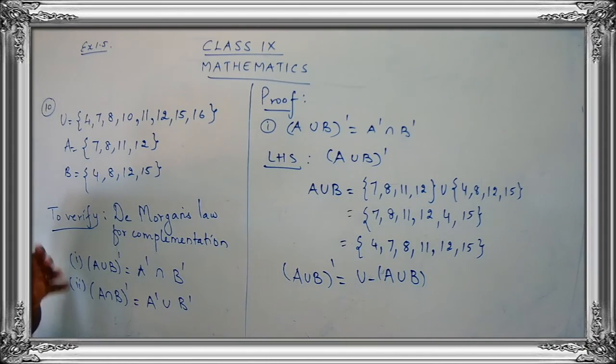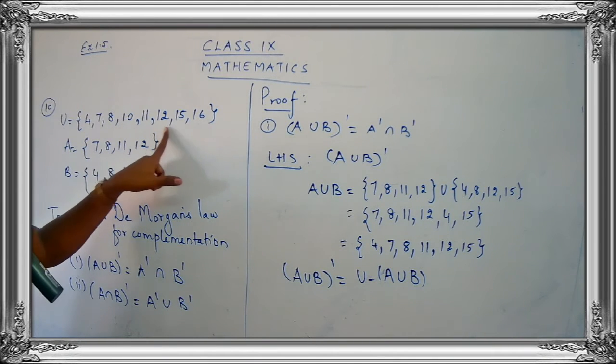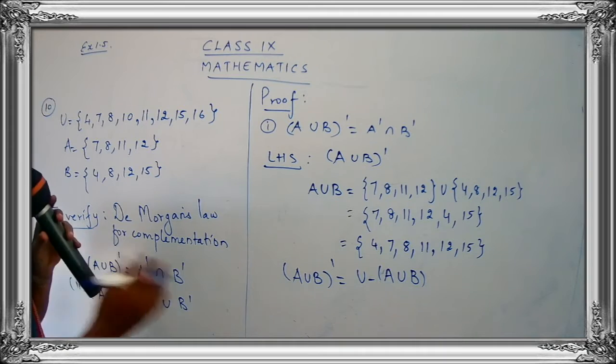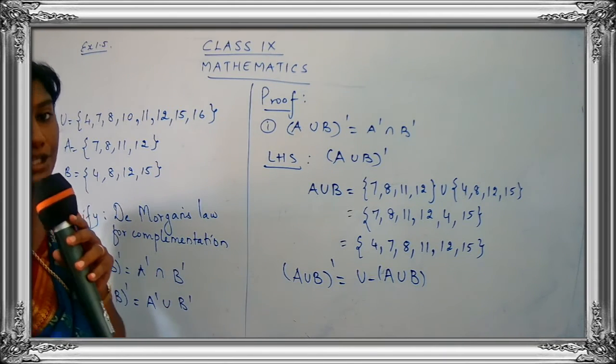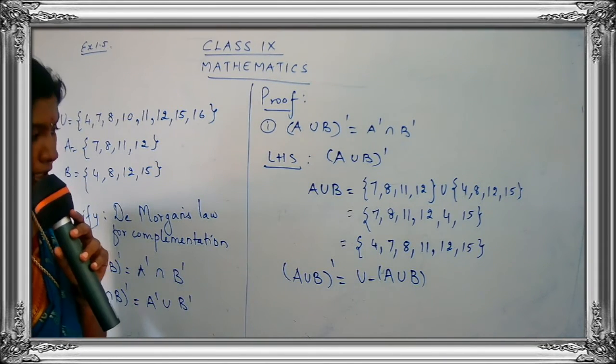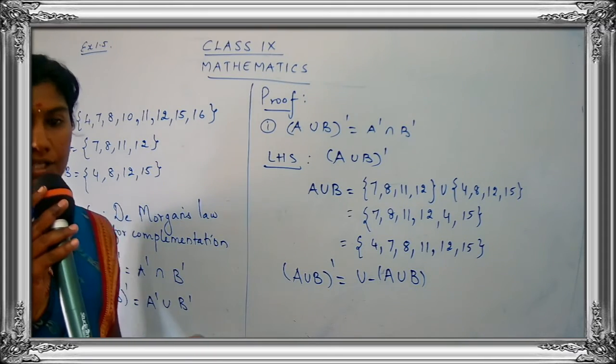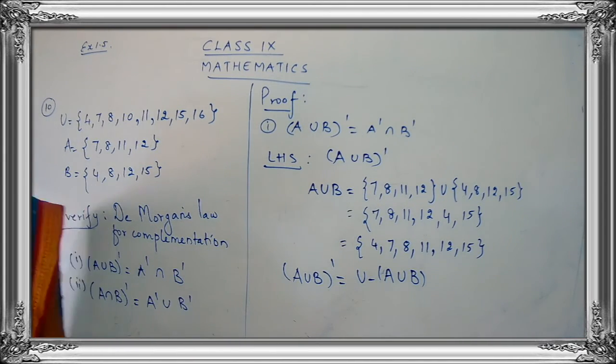What is U? U is the universal set. Remember how to find (A union B)'? U minus (A union B). How to find A'? U minus A. How to find B'? U minus B, and so on.